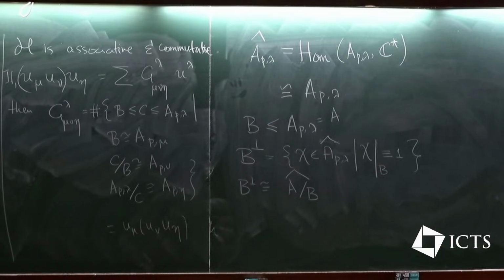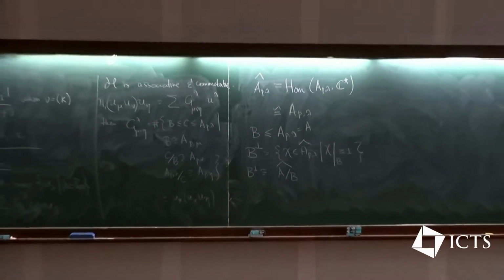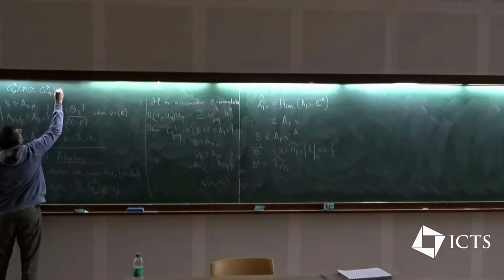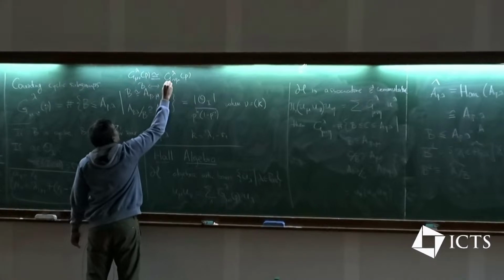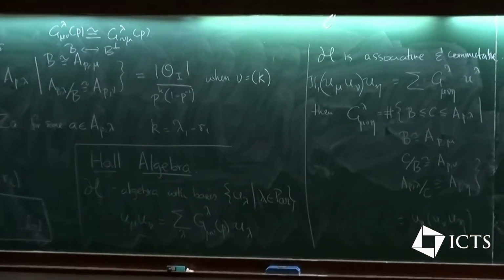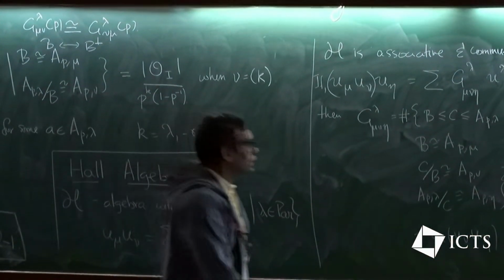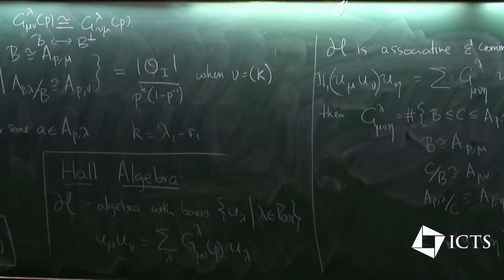So it lets you construct a bijection from G lambda mu nu P to G lambda nu mu P. The bijection is just B goes to B perp. And you can come back by taking another perp, using the fact that the double dual of a group is isomorphic to itself.